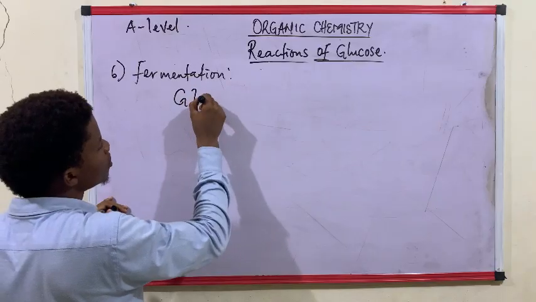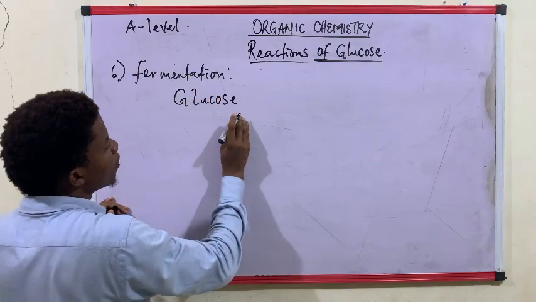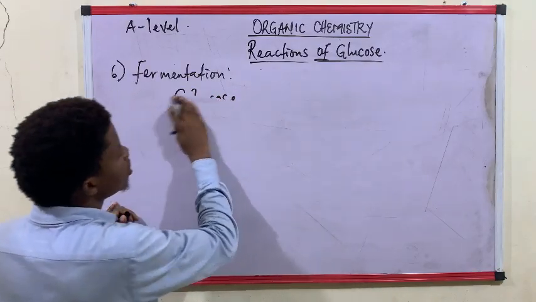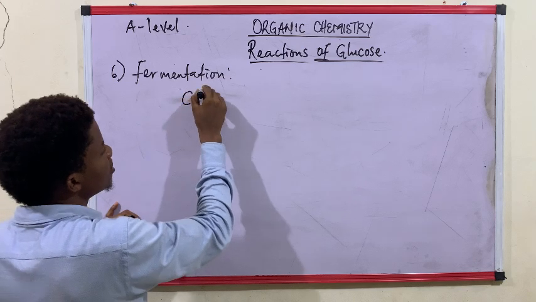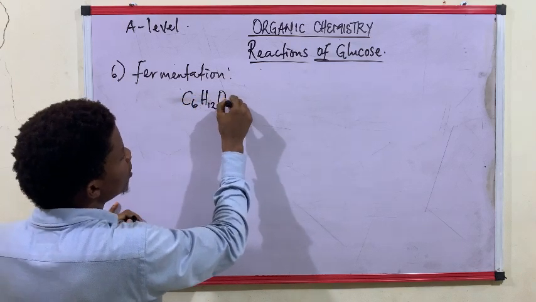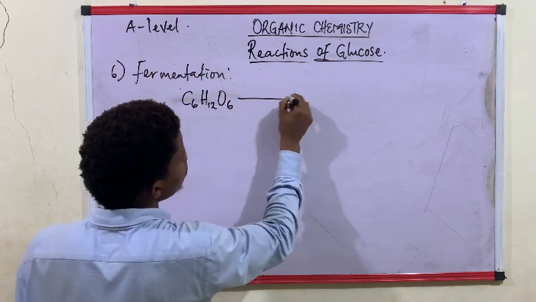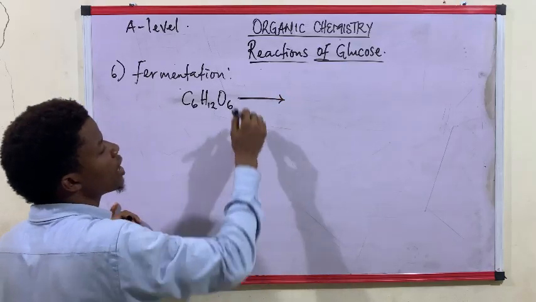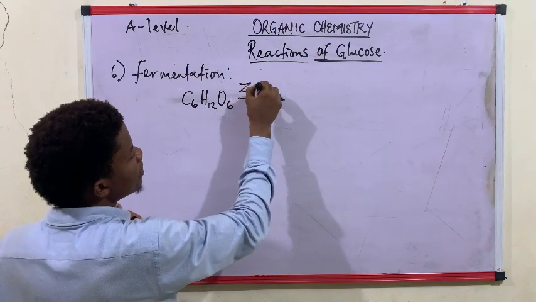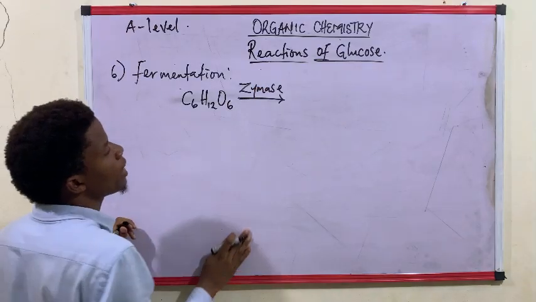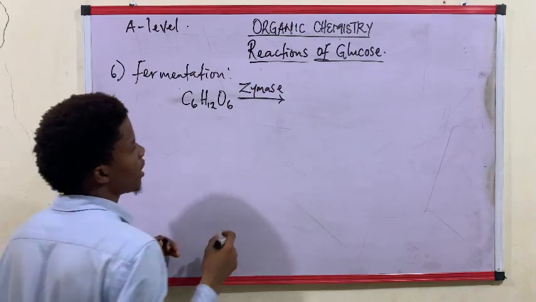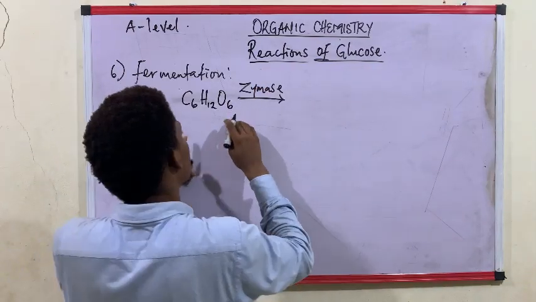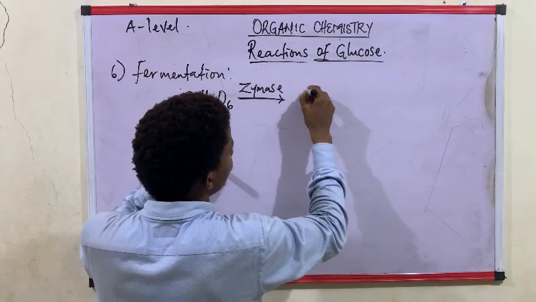Now, glucose can undergo fermentation. Let me just write it chemically, C6H12O6. The fermentation process of glucose is mostly associated with zymase, which is an enzyme produced by yeast. So zymase breaks down glucose, converting it to what?